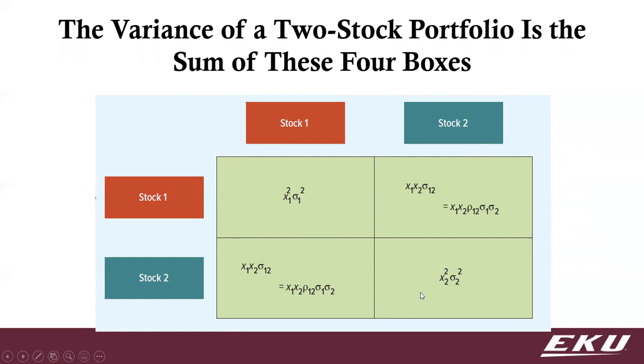That's true for stock 2 as well, the weight of 2 squared times the variance. But when I look at 1 and 2 together, I have to multiply their weights together. And instead of sigma squared 1, we get sigma 1,2. What is sigma 1,2? We can break this down; this is what that covariance is.